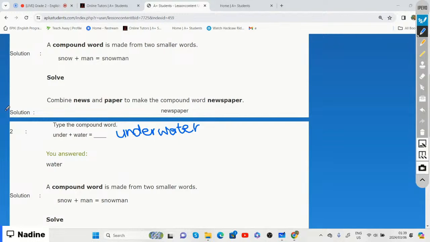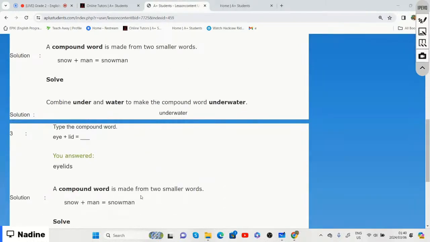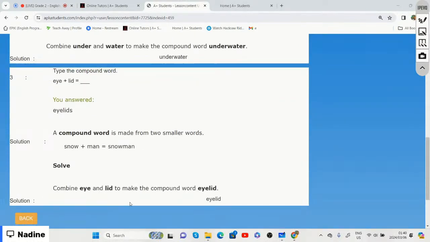All right, so we have underwater, which is under plus water equals underwater. Now let's look at the last one.